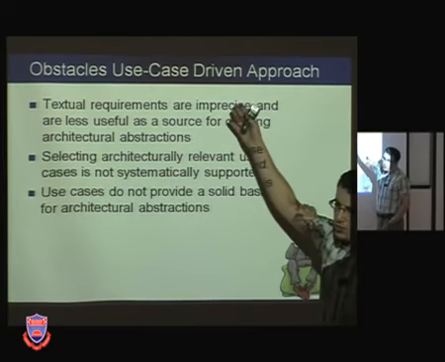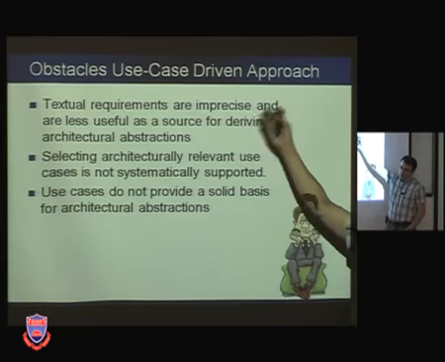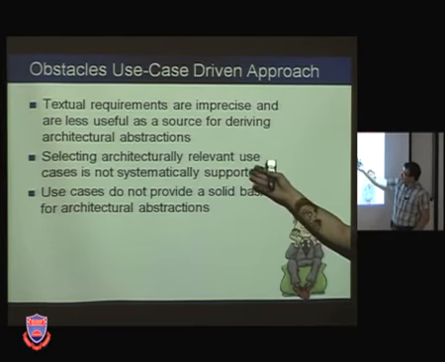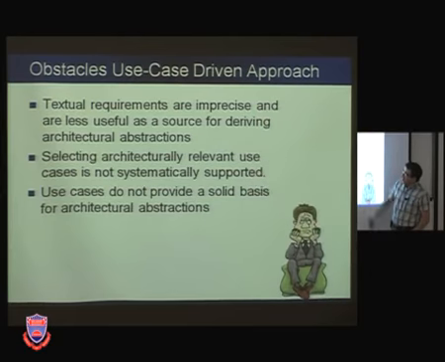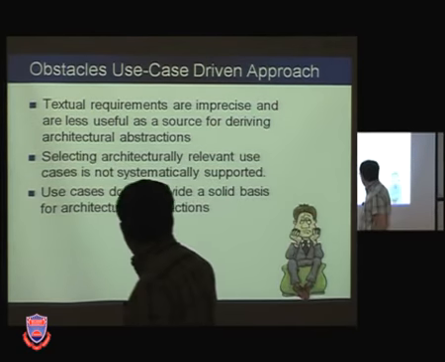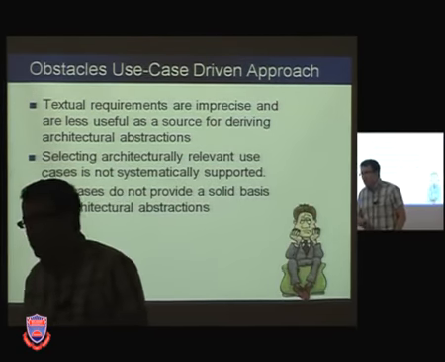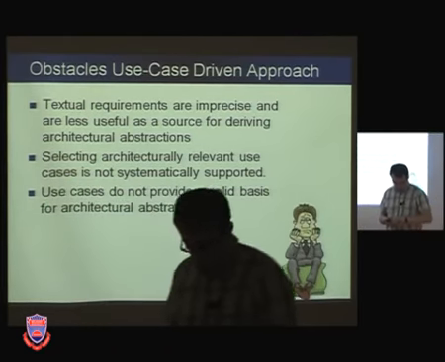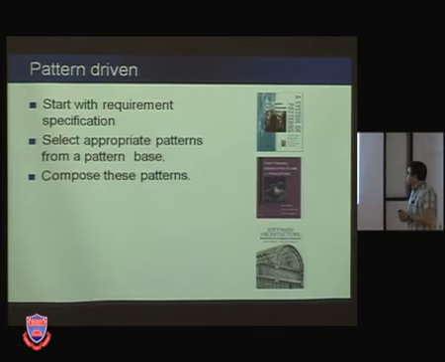This is of course the first key obstacle. It's basically the external perspective. The second one is that it is not systematically supported. They do not provide us a solid basis for defining architecture. Okay? That's the second one.